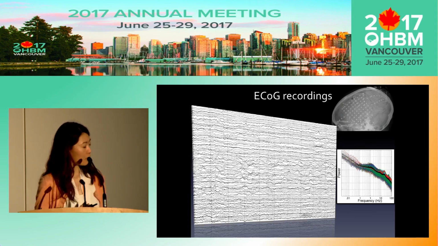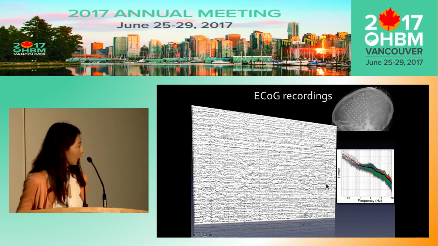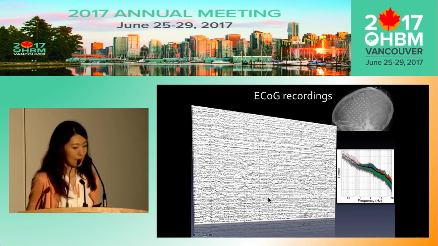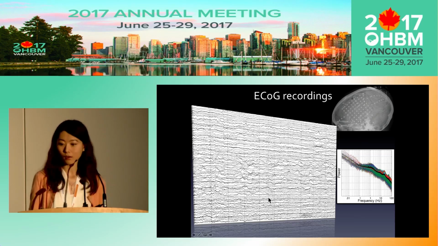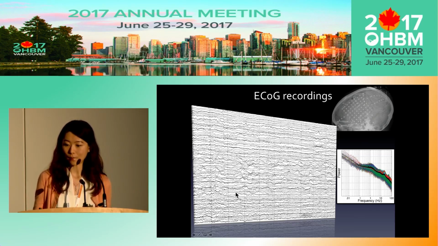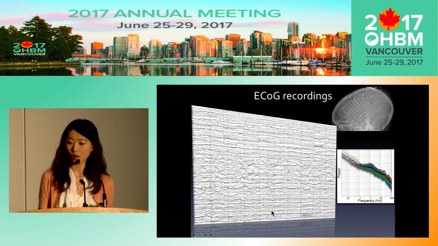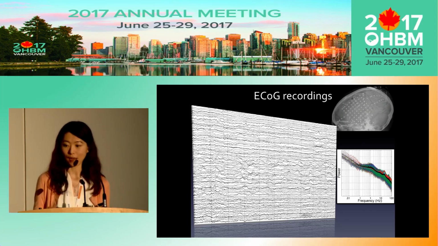So again, let's look at the phenomenon a bit closer. These are about 10 seconds of ECoG recording from 100 or so electrodes. You can see that there is some oscillatory activity in the delta range, the mu rhythm here in some electrodes, that rides on top of these constant irregular fluctuations across all electrodes.